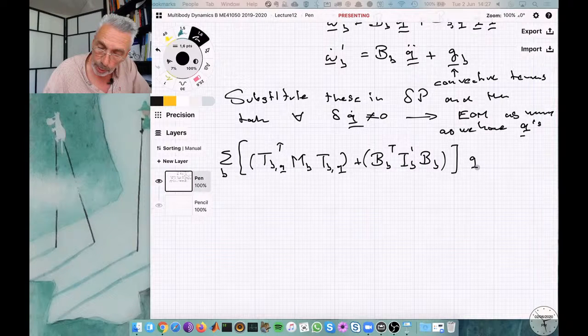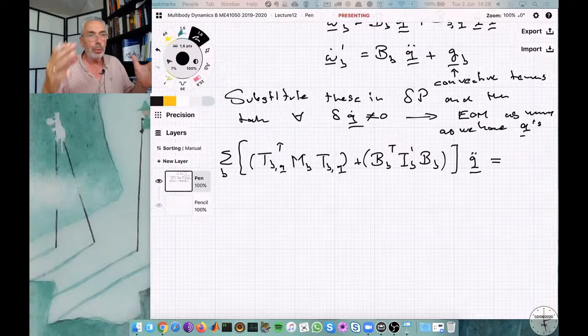So this is actually our reduced mass matrix. It transforms the CM mass matrix and the CM moments of inertia matrices to our degrees of freedom.